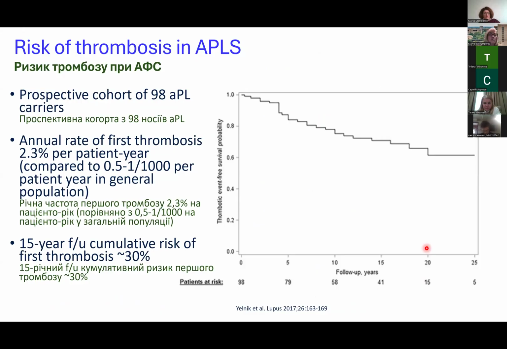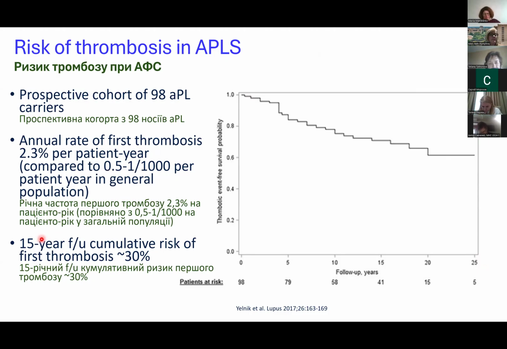So what is the actual risk of thrombosis with antiphospholipid antibodies? This is a cohort of 98 patients that were followed prospectively for 25 years, so this is a long study. The annual rate of first thrombosis was 2.3% per patient year. So basically 2% a year, whereas the normal population is less than 1%.